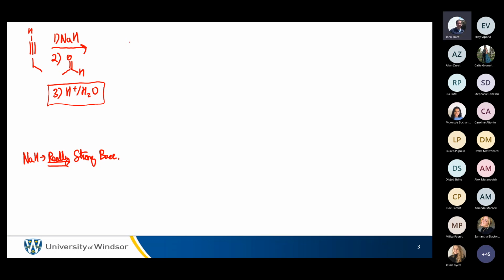So the first step is that. Now, why are we taking off that hydrogen? Because this carbon here is sp hybridized. Those electrons are going to be in an sp orbital.